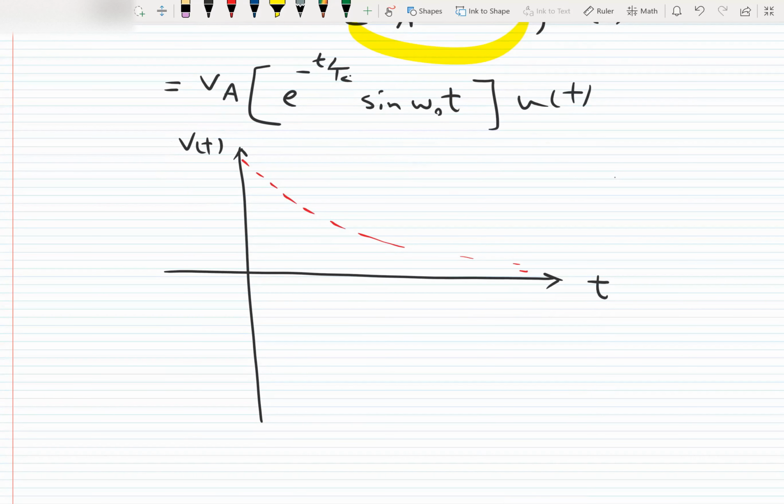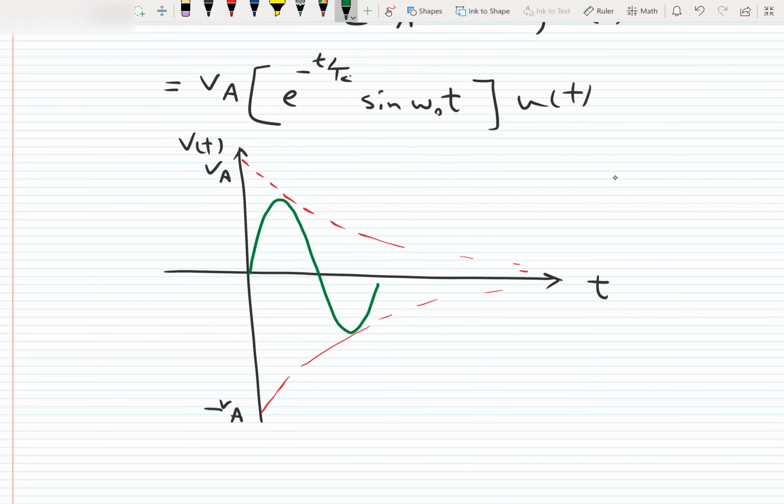And if we multiply it by sine of omega t, we will have this signal, between VA and minus VA, a composite signal, which is generated by combining two signals.